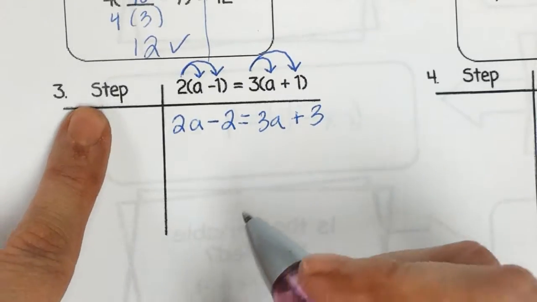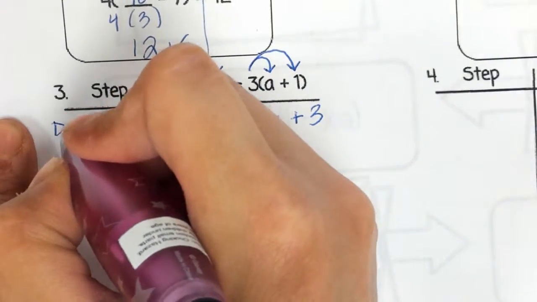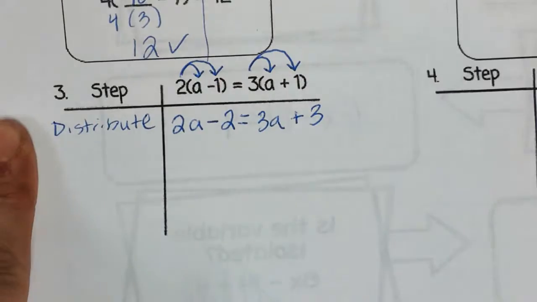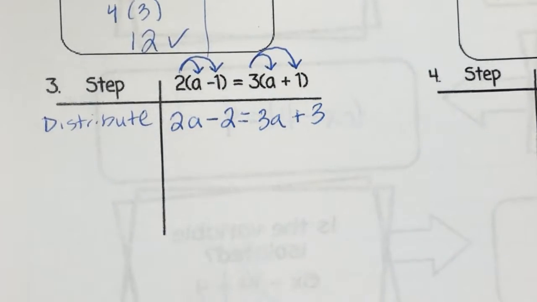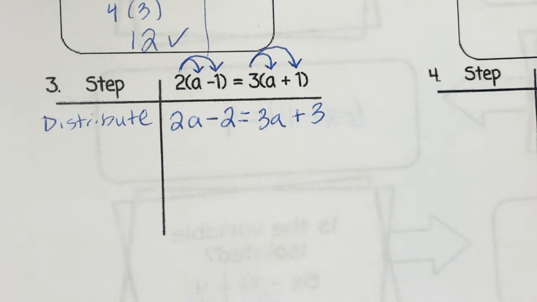Okay, make sure you write the first step you did. Now go down your checklist. Combine like terms. Do I have any like terms on the left side? Do I have any like terms on the right side? Okay, we can skip that step. Next one, move variables to one side.